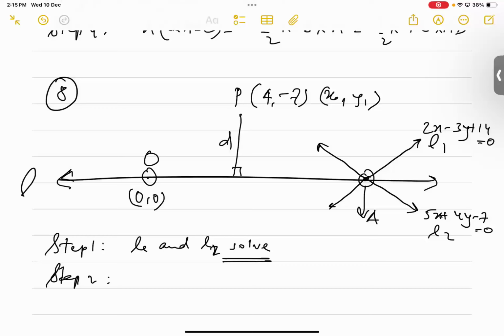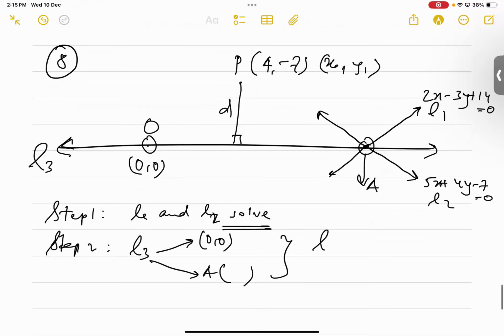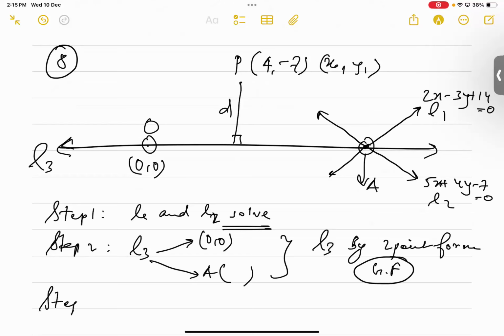Let this be line L3. For line L3, you have origin O and you have point A also, which we will calculate because it is the intersection of the two lines. Did you understand? So you will get L3 by two-point form, and get it in the general form. Then step 3 is D, that is the distance between point P and line L3. You can use the formula and you can get the answer.